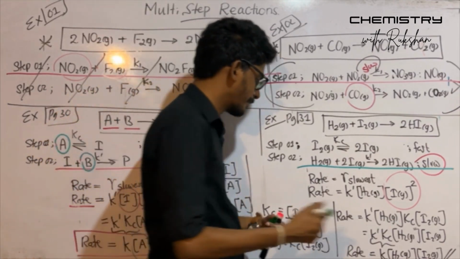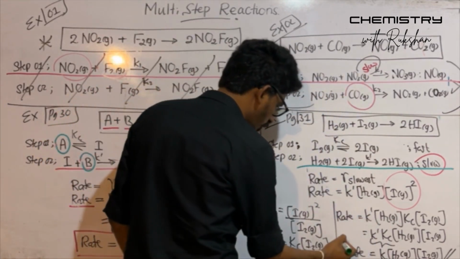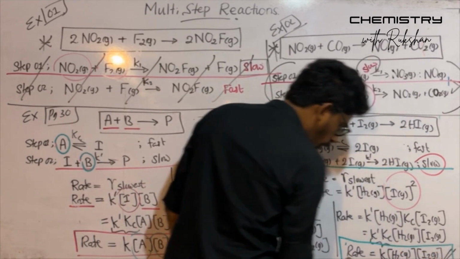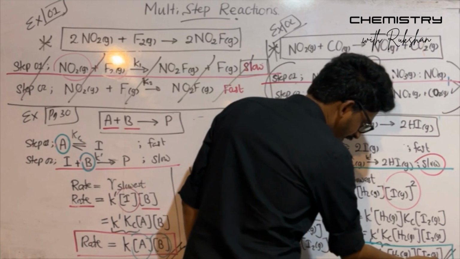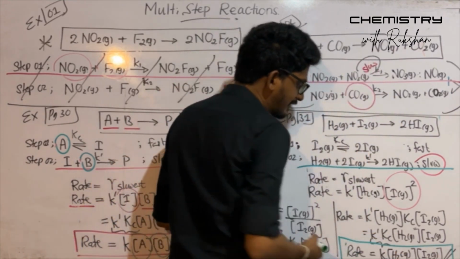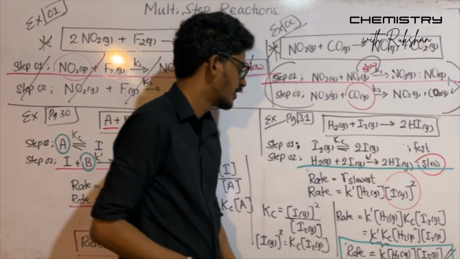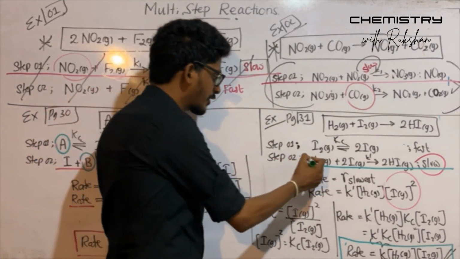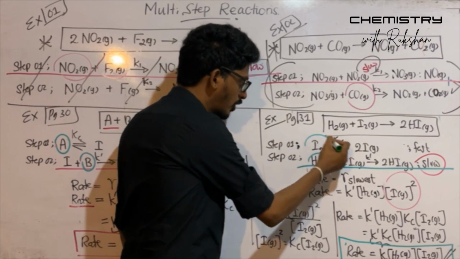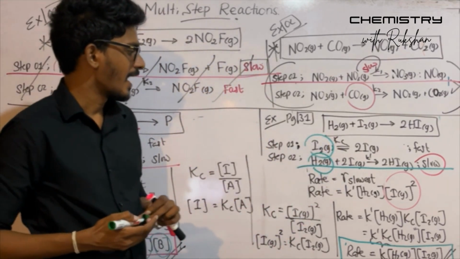So the rate law says that only one H2 molecule and one I2 molecule should appear at the slow step or prior to that. You clearly see only one H2 molecule and one I2 molecule appears at the slow step or prior to that.